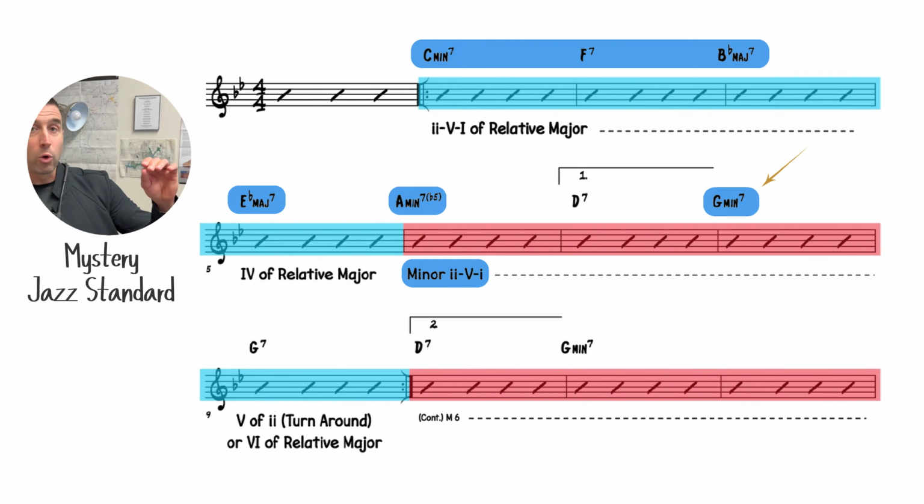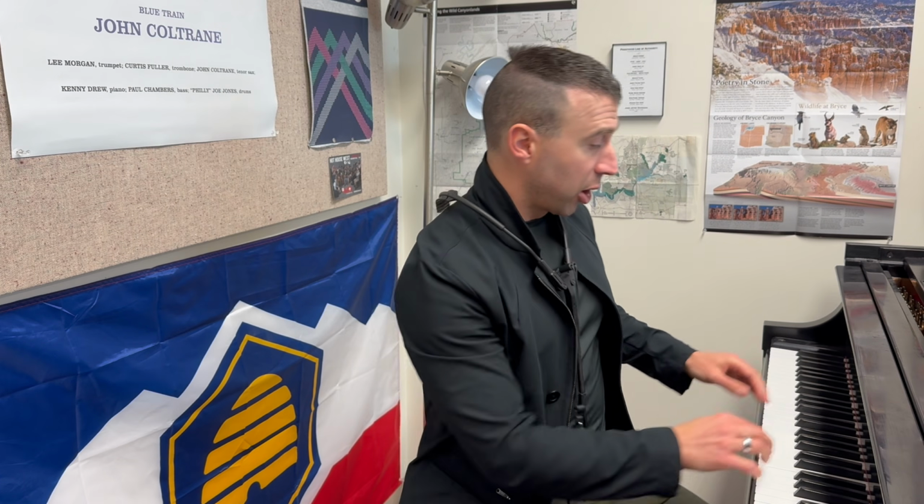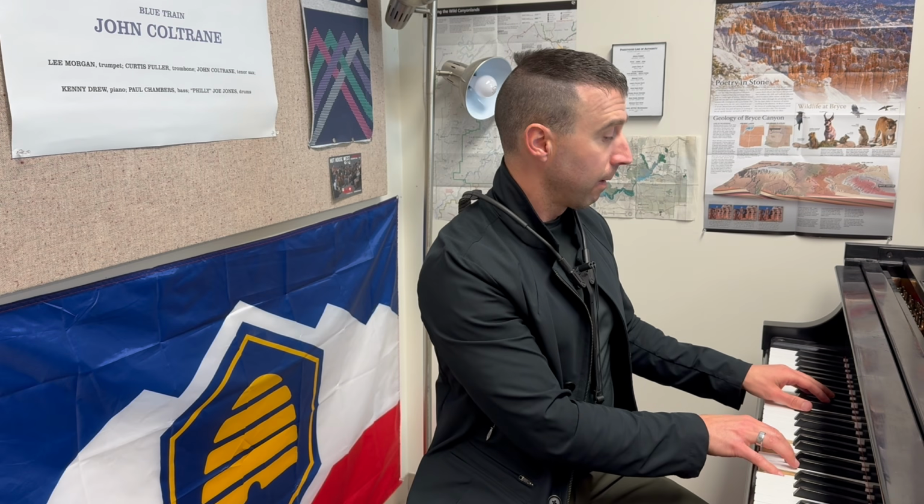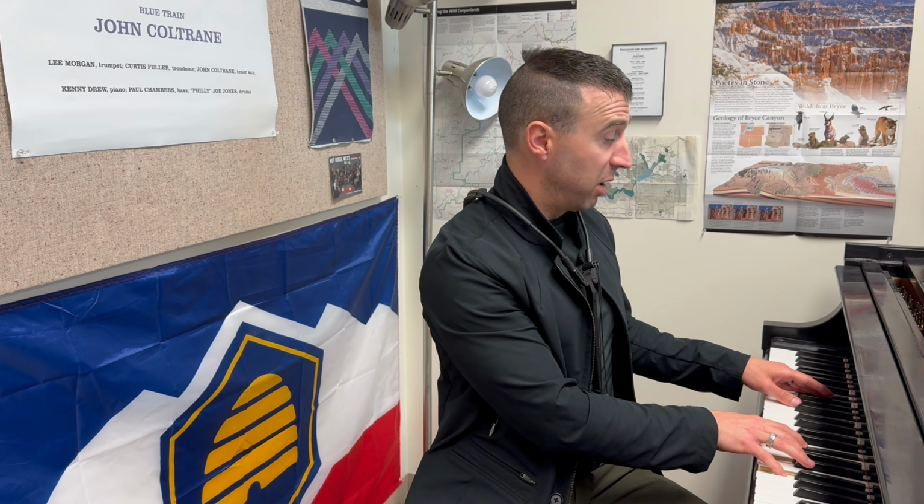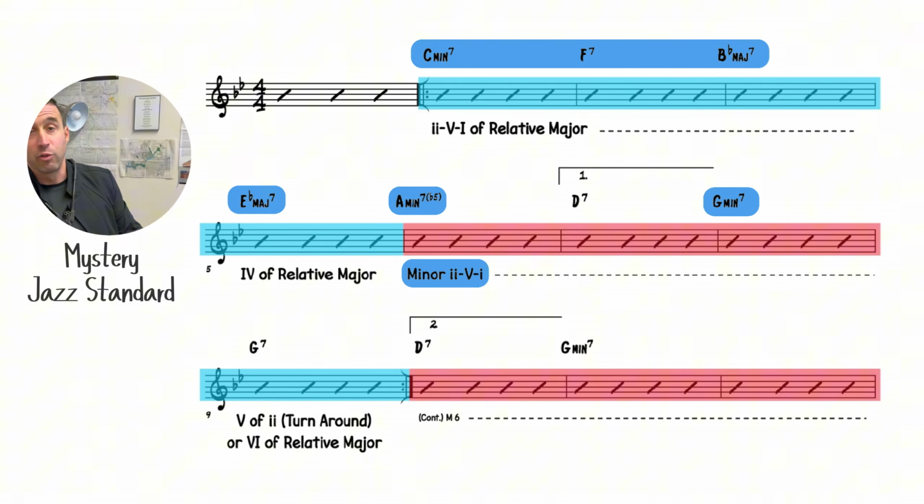So what is so cool about this is that the chord progression seamlessly tricks you as it transitions from the key of B flat major to the key of G minor. Because we start very clearly in the key of B flat major with our 2, 5, 1, and then we go to the 4 chord, and it still sounds like we're in B flat major, and we go to this A half diminished chord, and it still sounds like we could maybe be in B flat major, but by the time we get to this D7 chord, that D7 chord really tells us we're no longer in the key of B flat major, because that D7 chord has an F sharp as the 3rd of the chord.